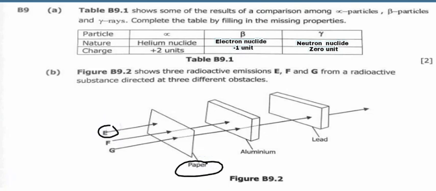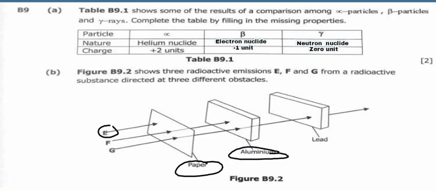So E is the alpha particle. Alpha particles can be stopped by a sheet of paper or a sheet of plastic. And in addition, alpha particles can't penetrate the human skin. So E is the alpha particle.